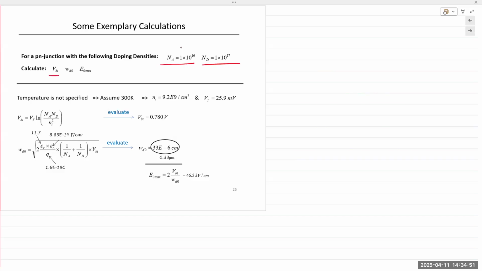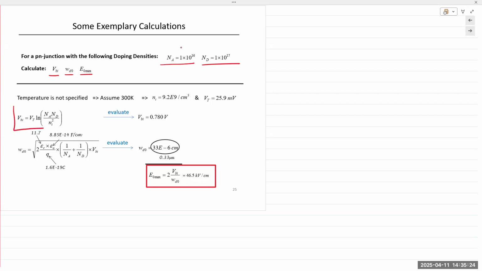All three of them have standard equations. So Emax, the energy, requires both the voltage and the junction width, right? So we'll leave that for the last. We'll take a crack at the junction width and the voltage first, and leave Emax for the last.